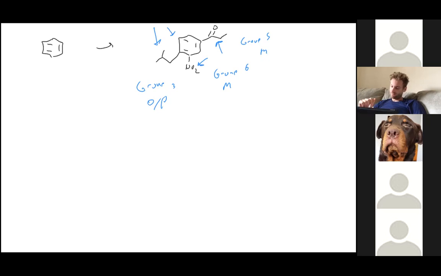So with that in mind, how do we add this alkyl group first? If we were to try to add it like normal, it would rearrange. So we're gonna have to go through an acyl intermediate. Doing an acylation.